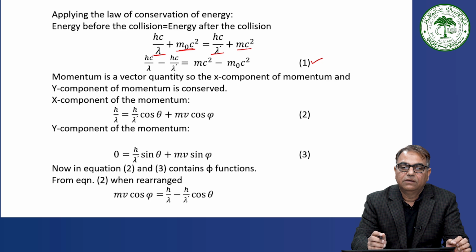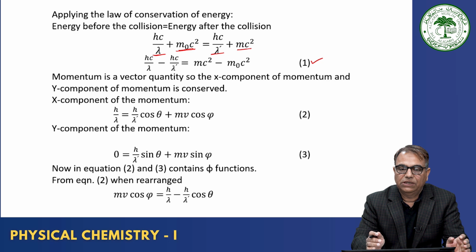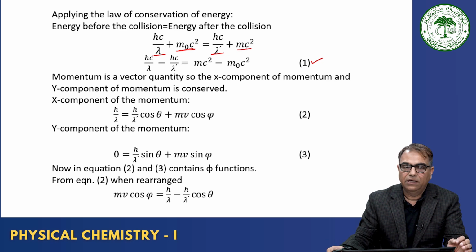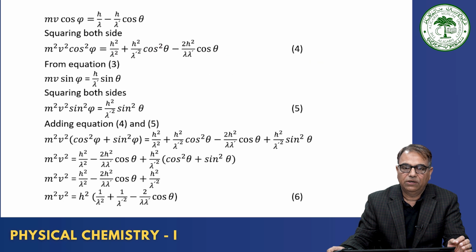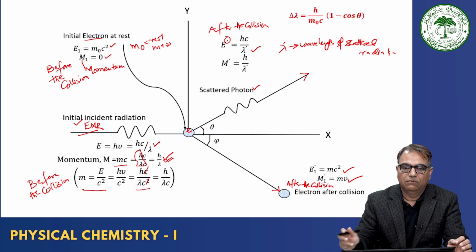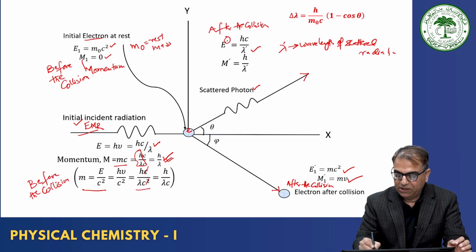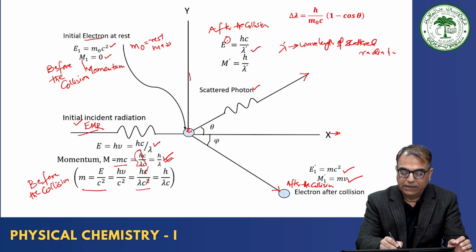Okay. So what happens with the momentum? Momentum is a vector quantity, so what you can talk about is the x component and y component of the momentum. The x component is the component along this direction, the y component is along this direction.